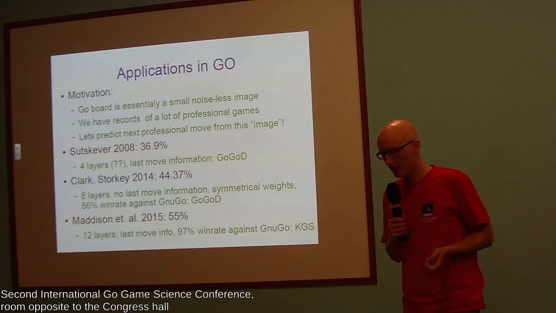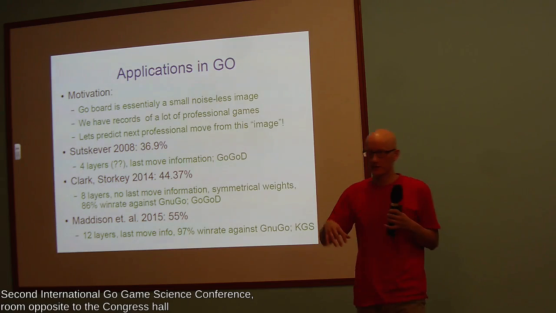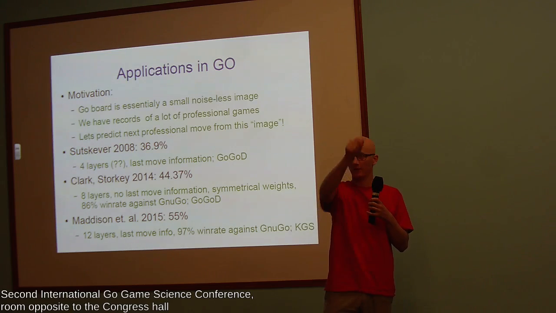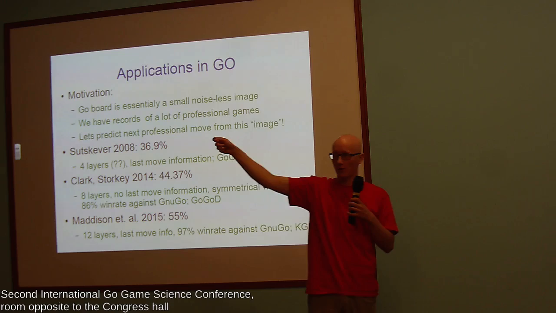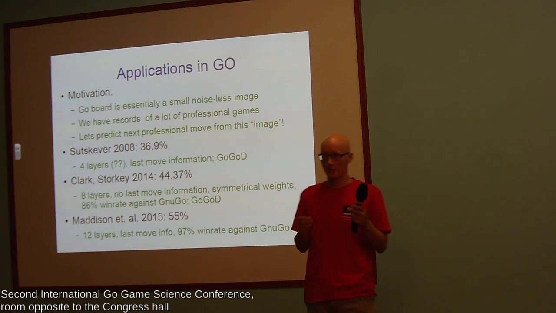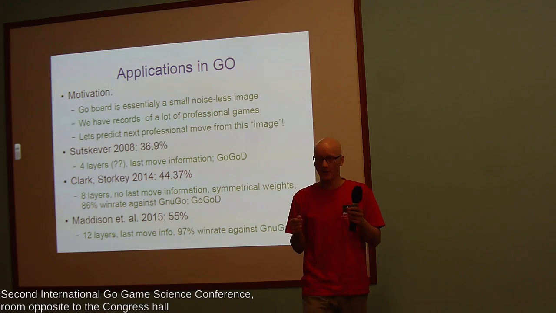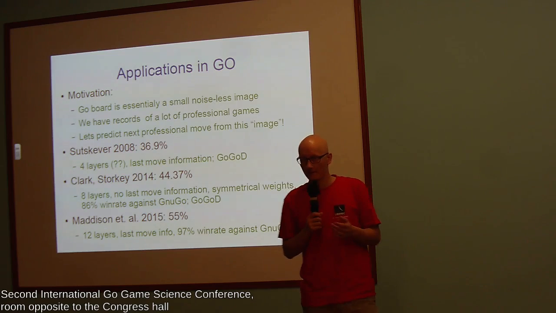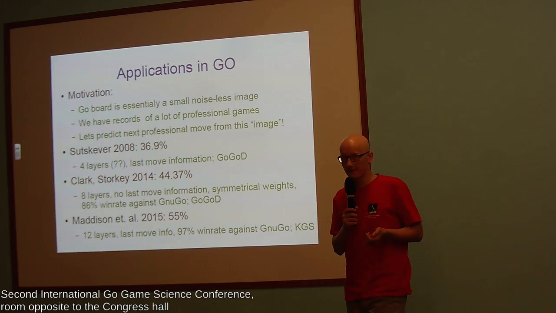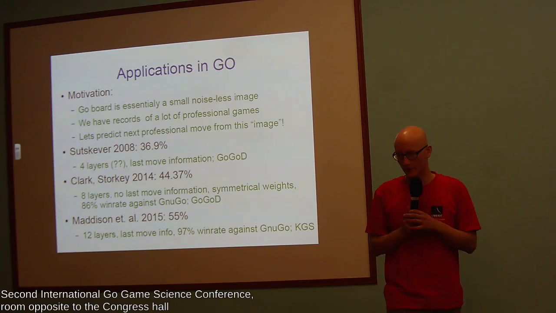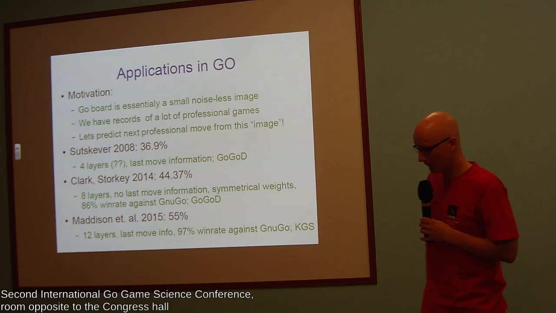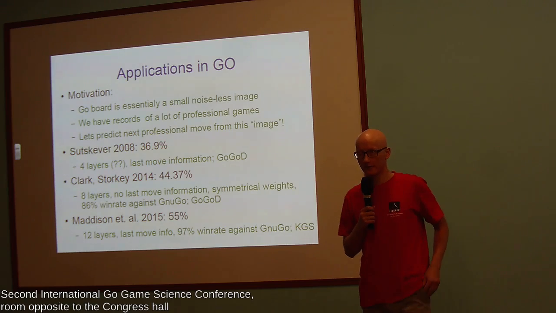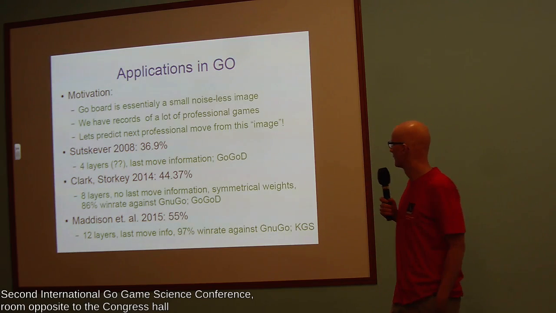So a clear idea would be this: before, with images, we had an image and we predicted whether it's a cheetah or a bird or an apple. Given the position, we might predict whether the player plays C1, Tengen, or Hoshi, using the very same methods we use for images, or almost the same. People have done this, and it works surprisingly well.